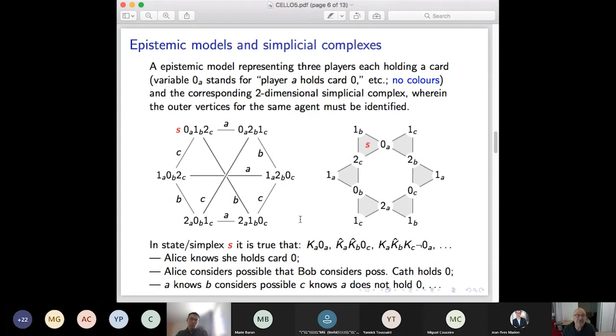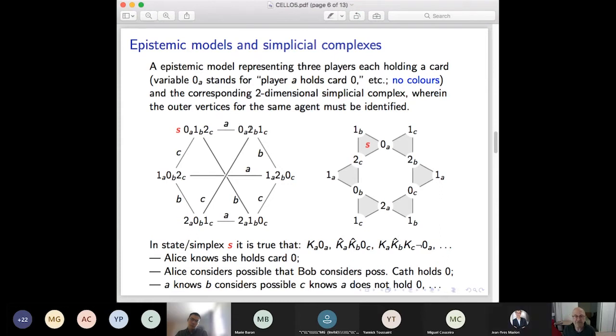Okay, given this structure, these have complete duality, and we can then evaluate things about knowledge, or the dual aspect of knowledge, in either structure. So just to give an example, in this state S, the point of evaluation for the information, we can, for example, model check that A knows that she holds card 0 because in all states that she considers possible, it is the case that she holds card 0.